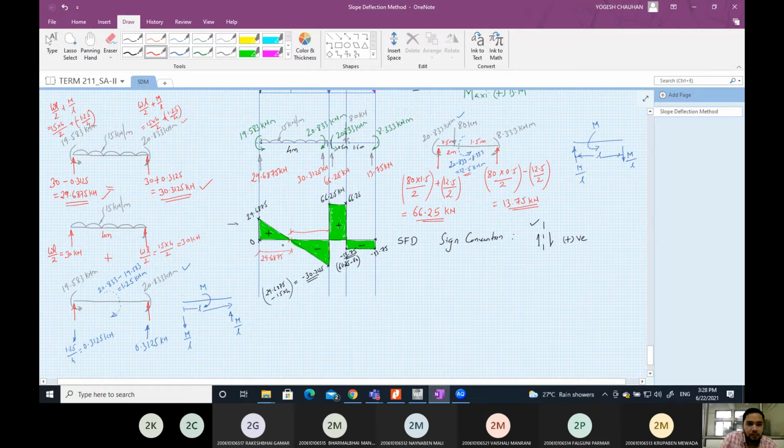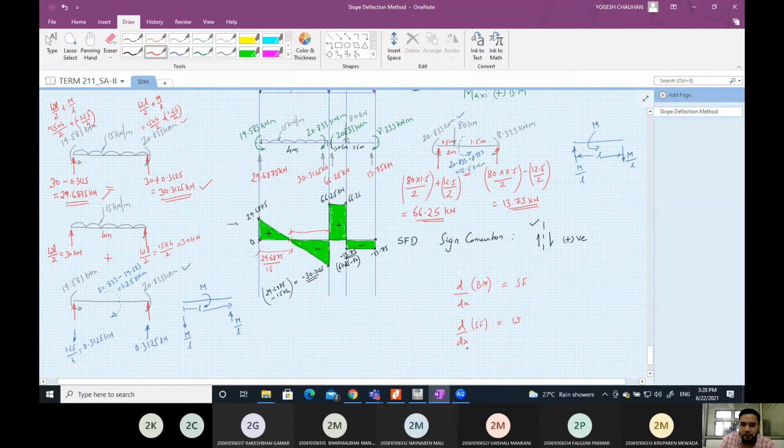If it is parabolic, then you have to formulate the expression and equate it to 0, then only you will get it. But since this is linear variation, you can do it. So 29.6875 divided by the intensity of load. You know that d by dx of bending moment will give you shear force, and d by dx of shear force will give you the intensity of the load.